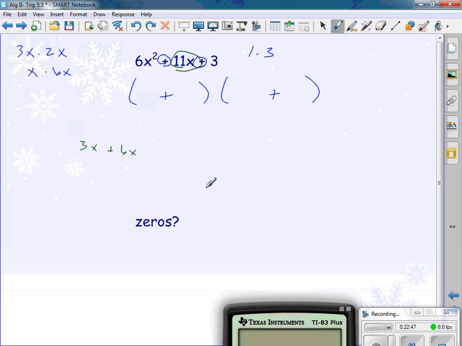Will I get an 11x? No. So that didn't work. But let's try 1 times x and I get 1x. 3 times 6x gets me 18x. That's not 11.